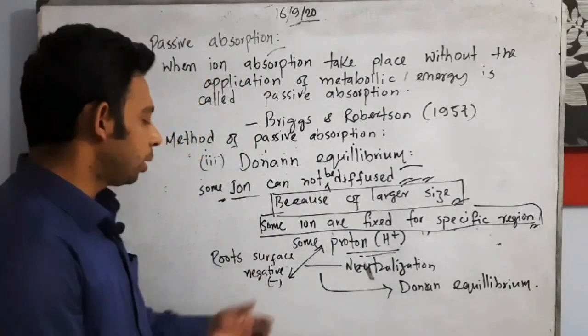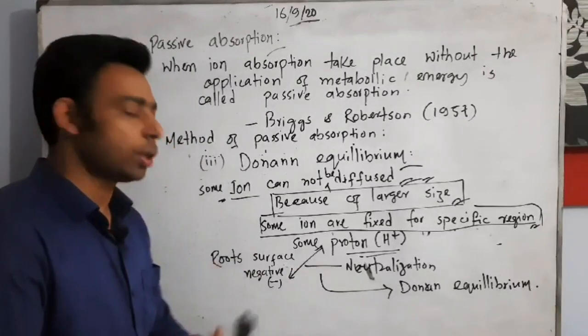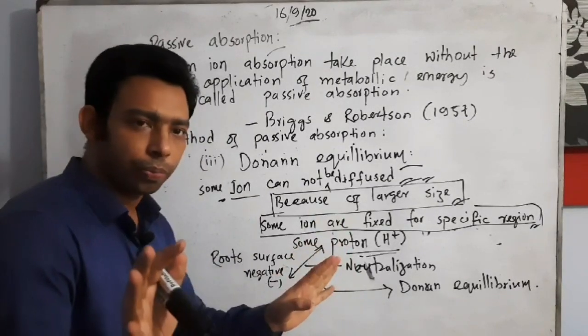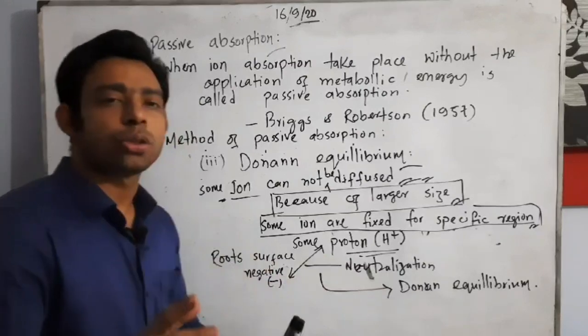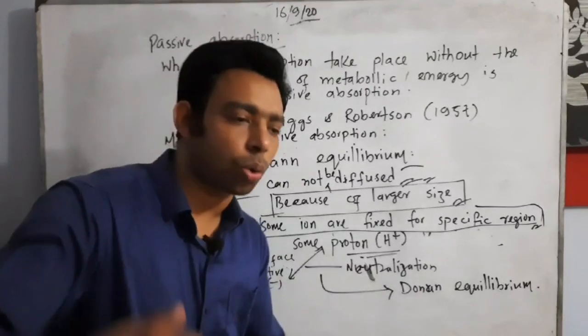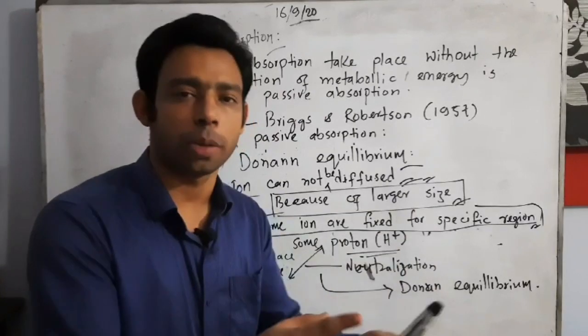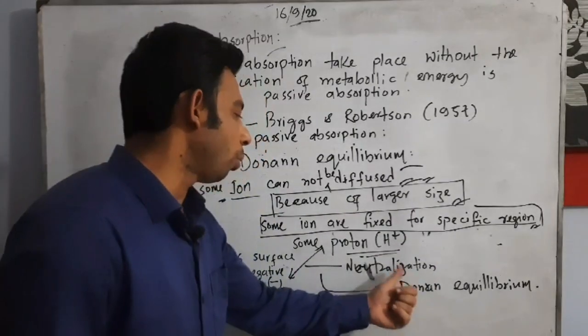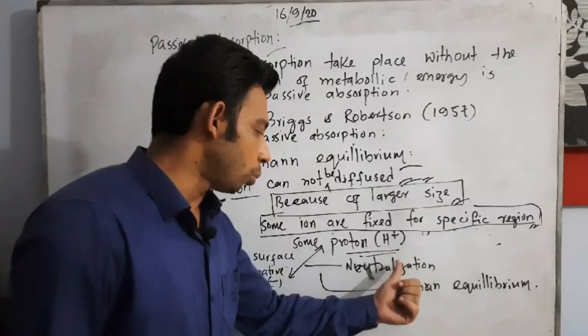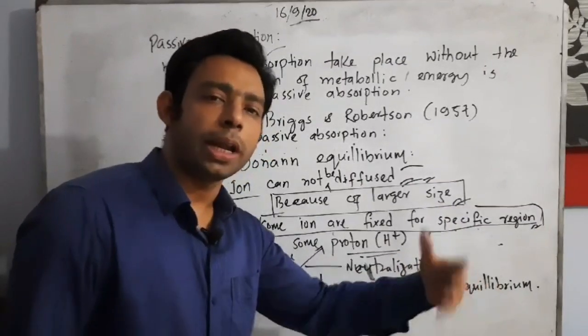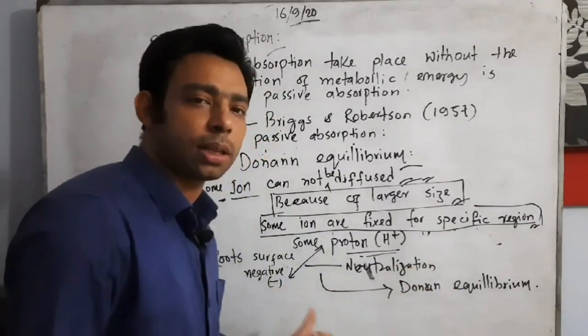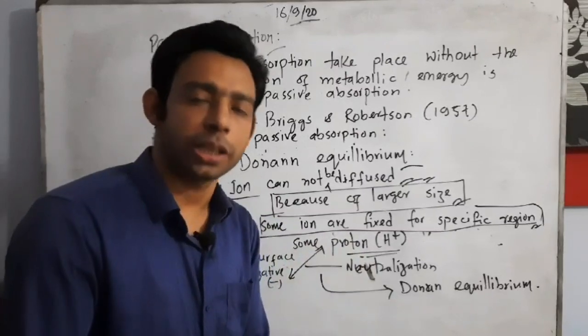I told you the root surface carries, suppose, negative ions. Not all the time does it carry negative ions. It needs to be neutralized with positive ions. So positive ions, like protons or any positive ion, are always supplied to that surface to make an equilibrium state.